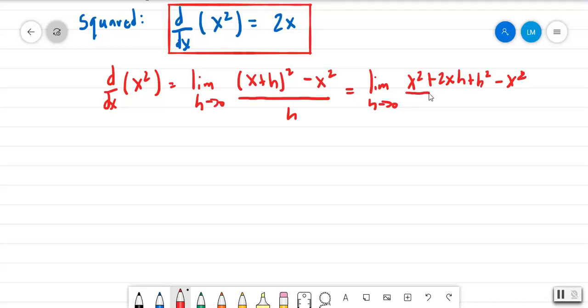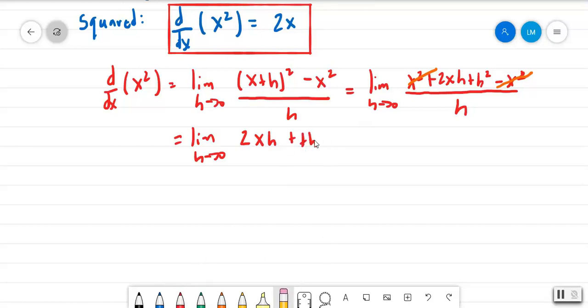Unfortunately, nothing really simplifies aside from the x squared canceling out. So it simplifies to the limit as h approaches 0. Now, because it did cancel out, there's a factor now.